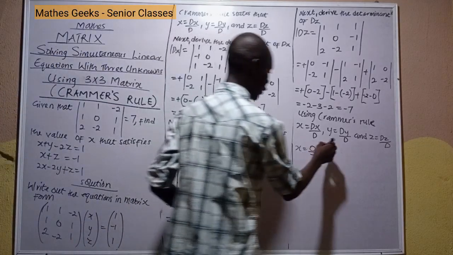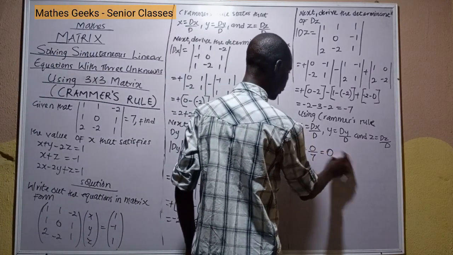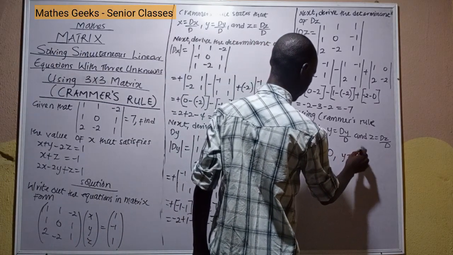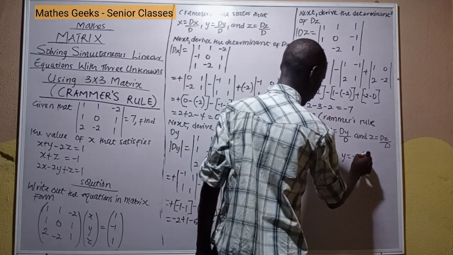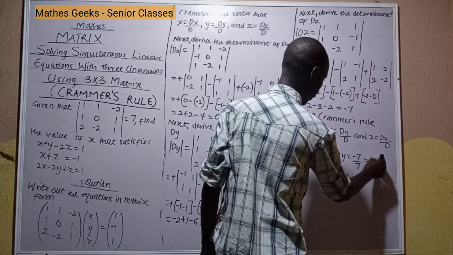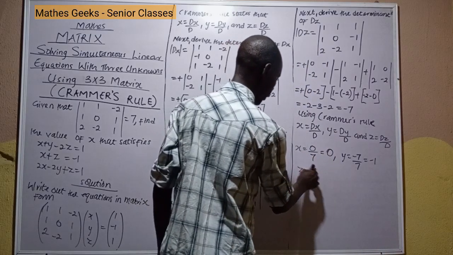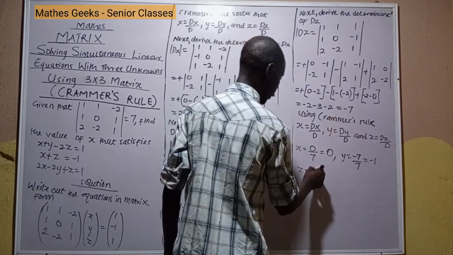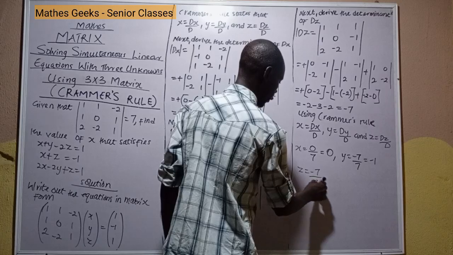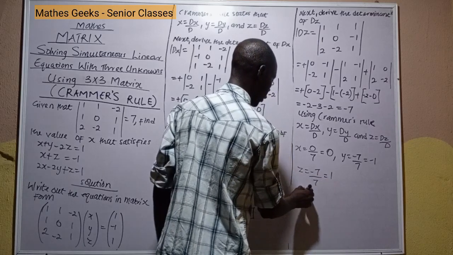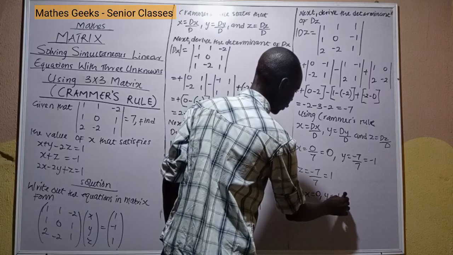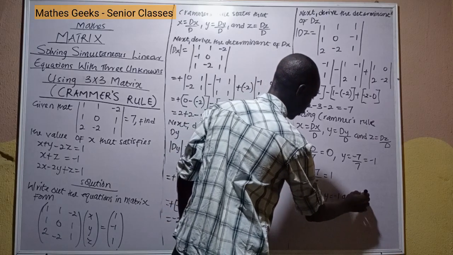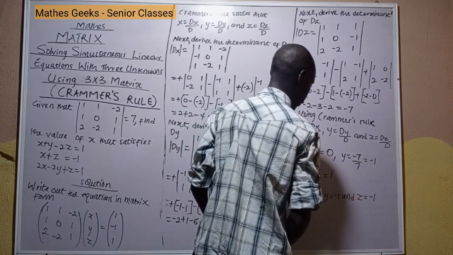So 0 over 7 is equal to 0, and y is equal to dy, which is minus 7. Minus 7 over 7 is equal to minus 1. z is equal to minus 7 over 7, which is equal to minus 1. Therefore, x is equal to 0, y is equal to minus 1, and z is equal to minus 1.